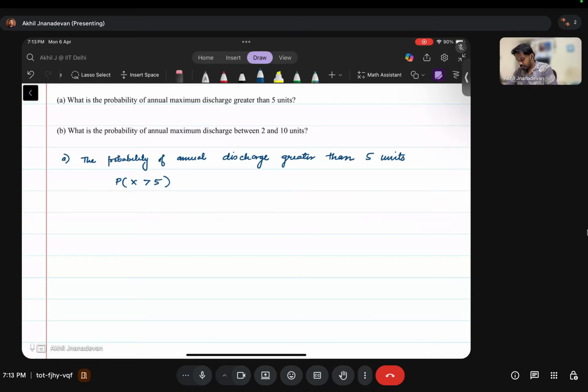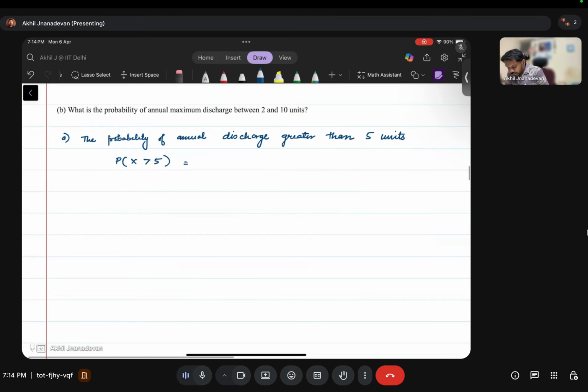So either we can write it directly or we can make use of the concept of cumulative distribution, cumulative probability. Cumulative probability, which is denoted by capital F, the cumulative distribution function, CDF, is always for when the value is less than or equal to this particular value. Okay, so instead, we can add one more step that would be better. That is P of x less than or equal to 5.